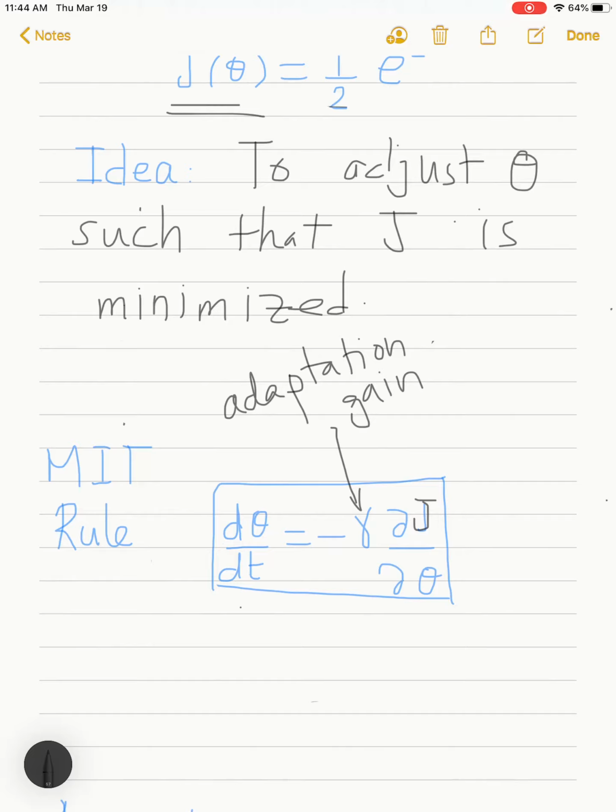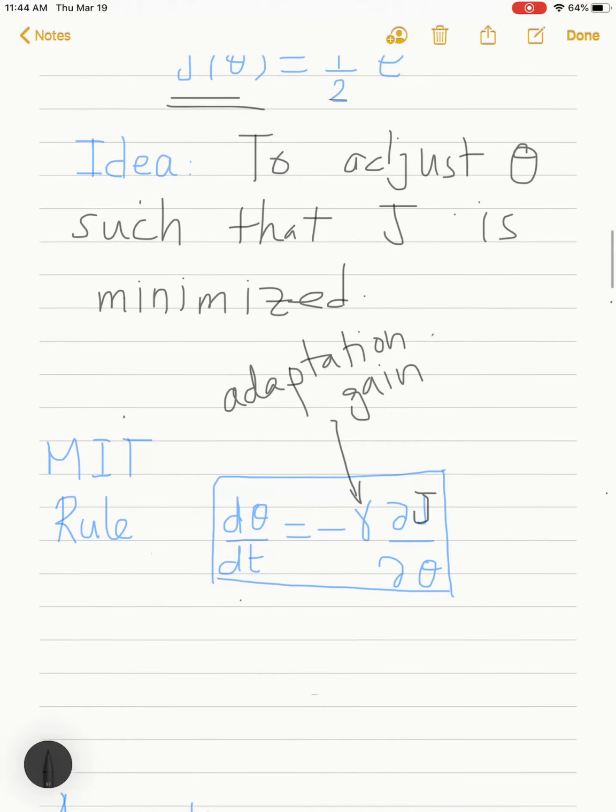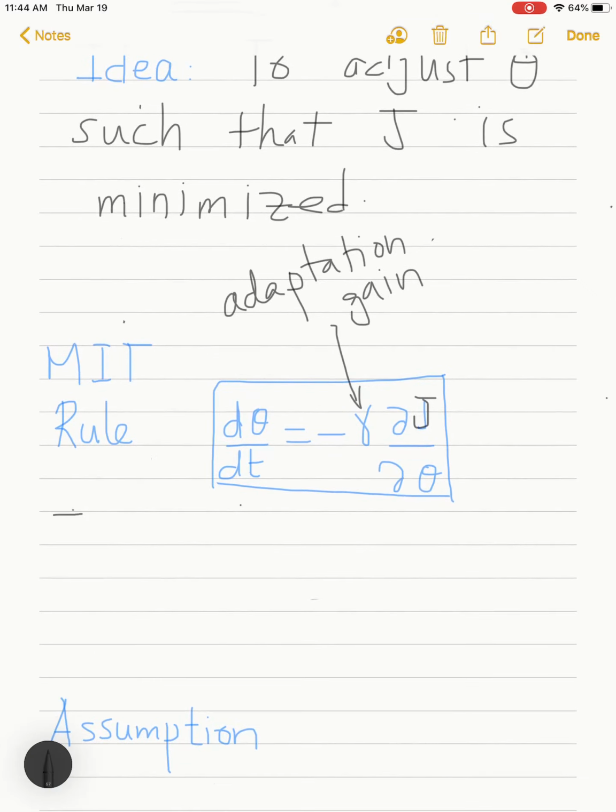Actually, it affects the performance of the controller. However, there is no analytical relation that would tell you how to choose gamma. So it is based on experience or based on simulation studies and experimentations and so on. Now, j is 1/2 e squared. So partial j partial theta is actually e times partial e partial theta.